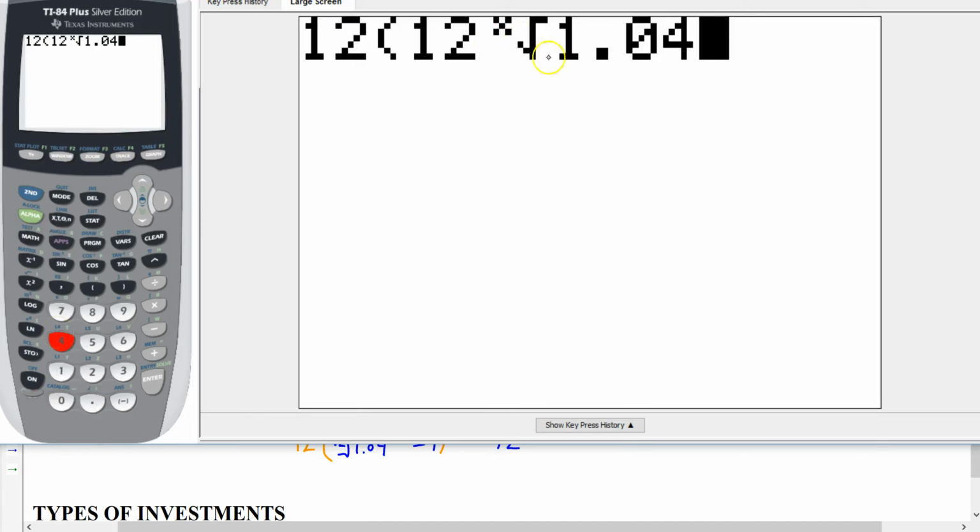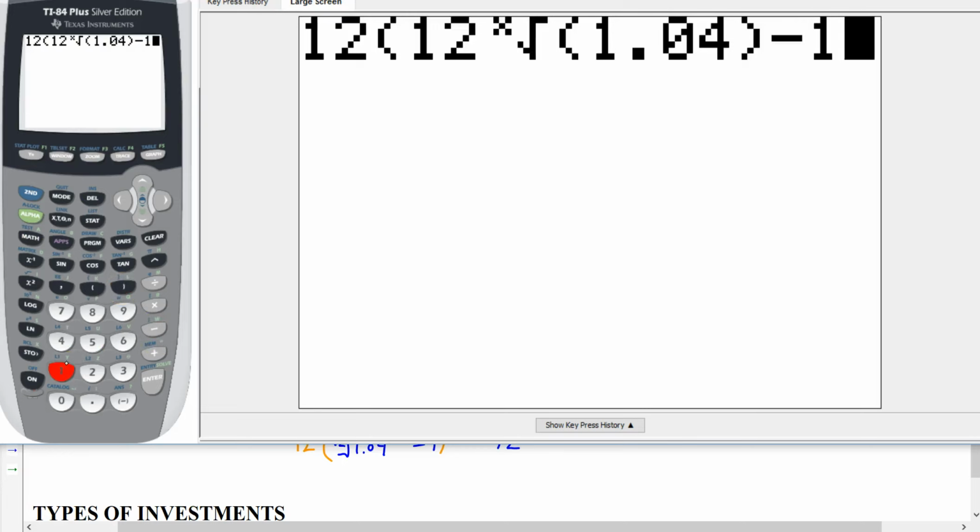I don't need parentheses here because that's the only thing I want underneath there, but if you wanted to introduce the parentheses, you could. Some calculators may actually already introduce the parentheses. You just have to be sure when you're done with your radical, you close the parentheses. And then outside of the radical, I want minus 1, and then I will close the parentheses.